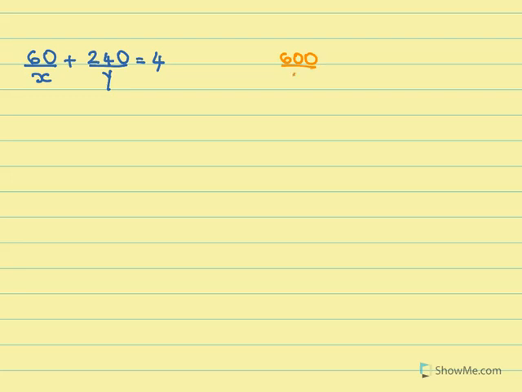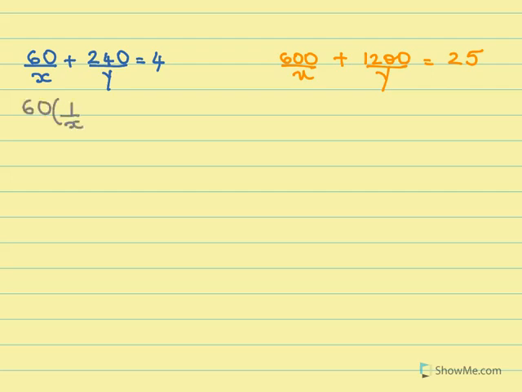600 by x plus 1200 by y equal to 25. Now we separate the coefficient from the variable.